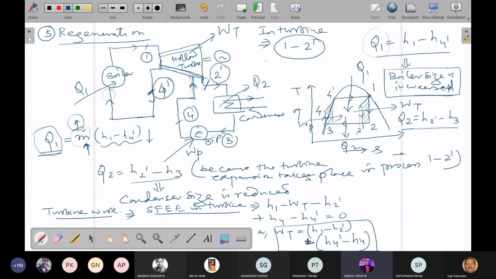It is reduced. See, here also I can explain once again. Boiler size, why is it being increased? Because you can find that the work done is less. But you have to produce the same work done. So what do you need to do at that stage? The mass flow rate of the steam has to be increased. You can explain this way also. All right.